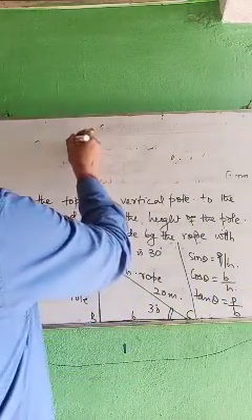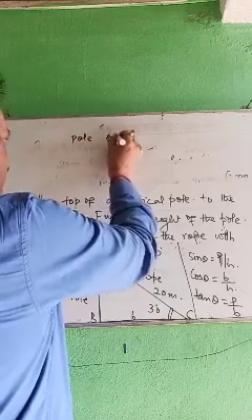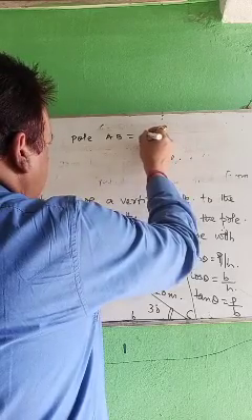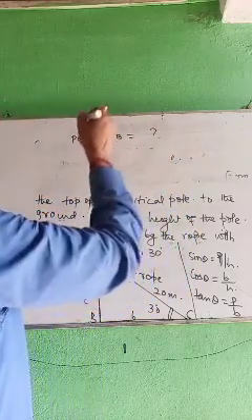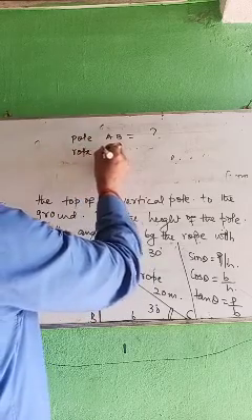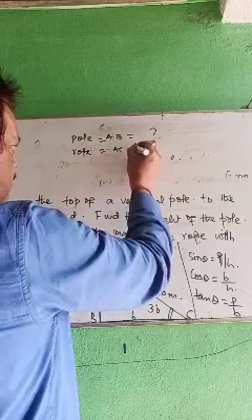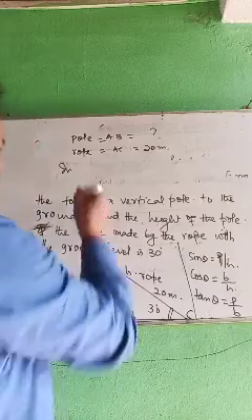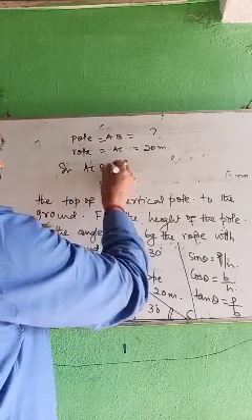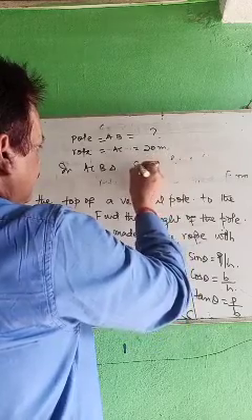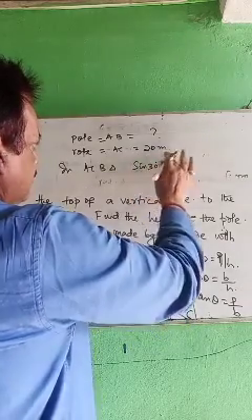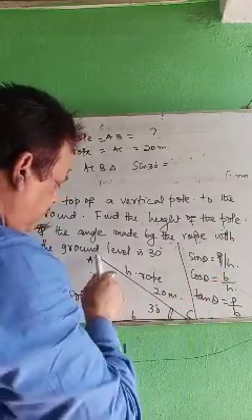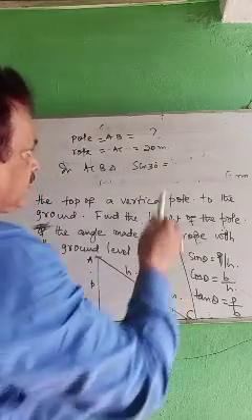You can write: pole AB, that is not given, question mark. Rope AC, that is 20 meter. In triangle ACB, sin 30 degrees is perpendicular by hypotenuse, that is AB by AC.